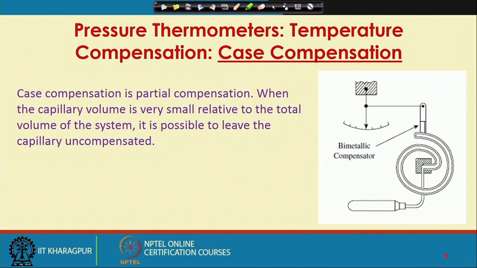But in case of case compensation, you compensate only for the pressure spring, namely the Bourdon tube, and the capillary compensation is not required or is not achieved here. The capillary compensation may not be required when the volume of the capillary is small compared to the total volume of the system. That means the length of the capillary is not very large.